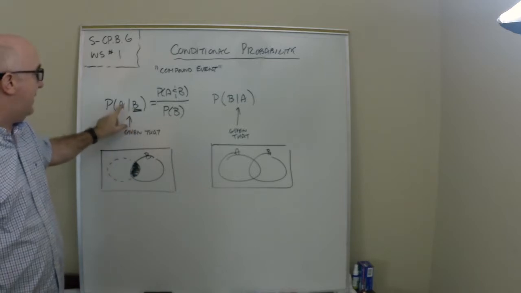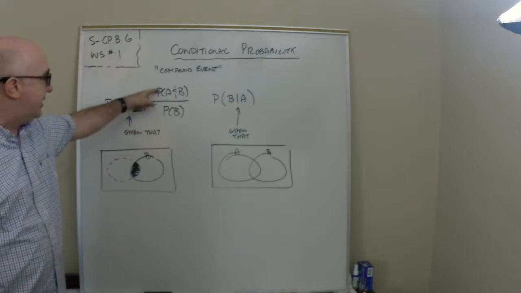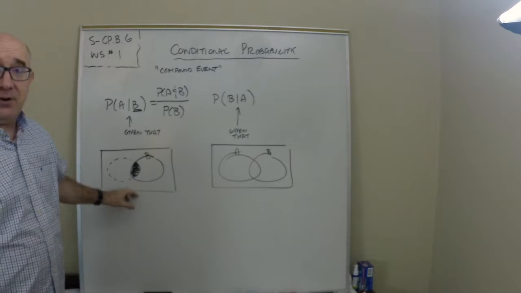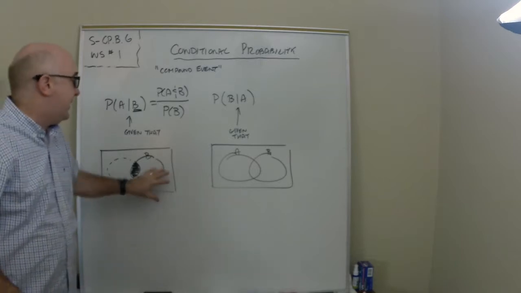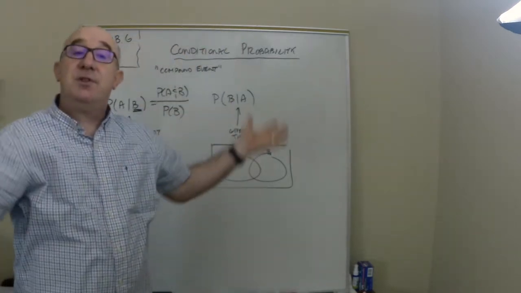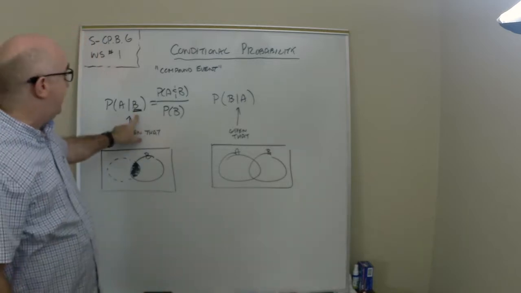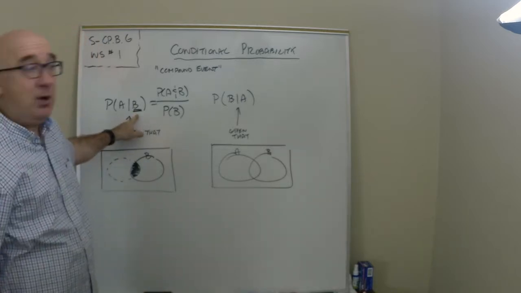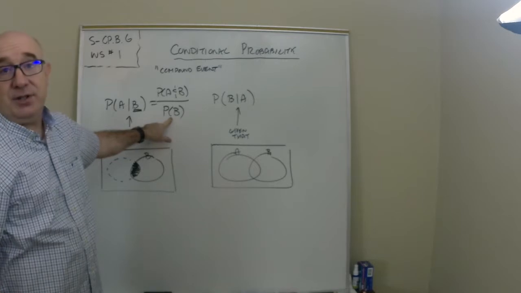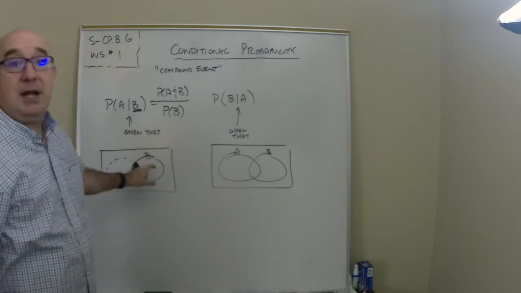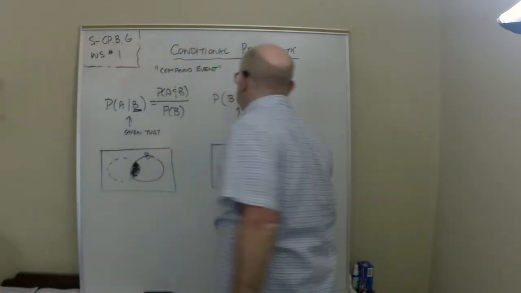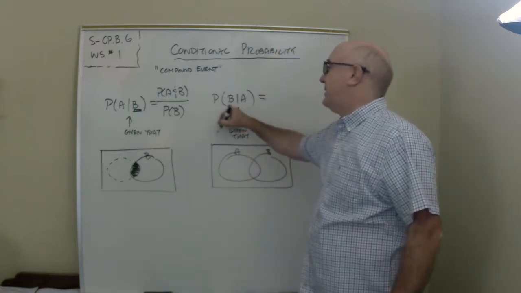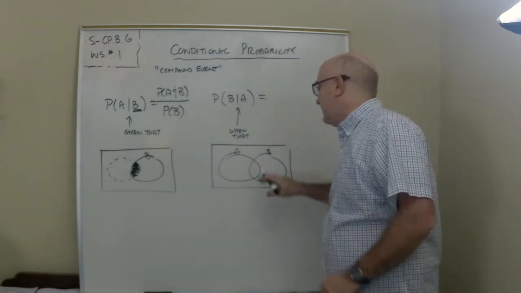You say, okay, the only way to get A is in the intersection out of the B values. Now I want you to notice that that's no longer out of the universal set because we've determined that we are inside of B now, and so we are not out of the universal set, we're out of just the items in B. The same thing is true here. If we said, what's the chances of getting a B value given that A has happened?